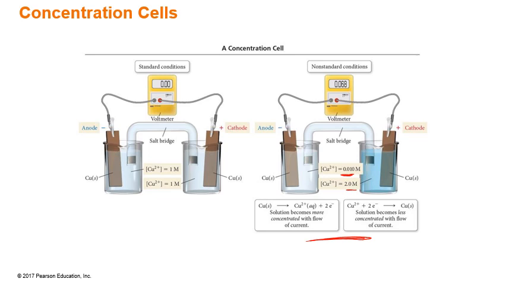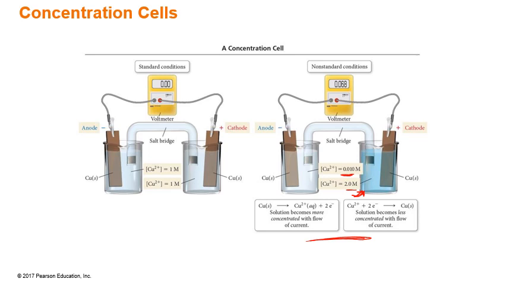And so we're going to try and reach an equilibrium by decreasing the concentration of the solution by removing ions. So the solution becomes less concentrated with the flow of electrons. So we're going to be plating copper out onto that electrode.